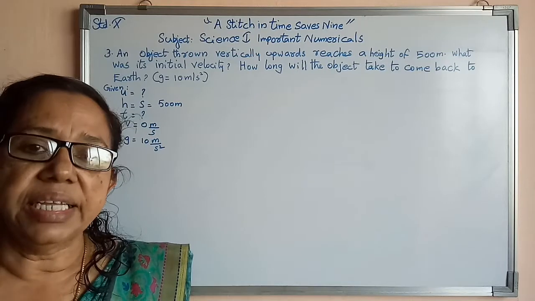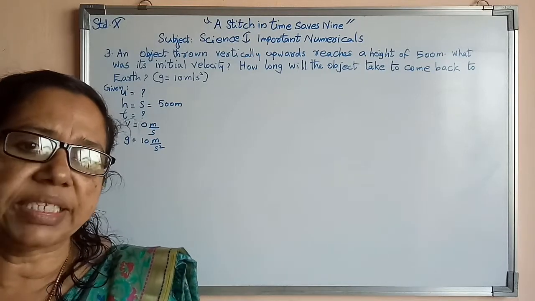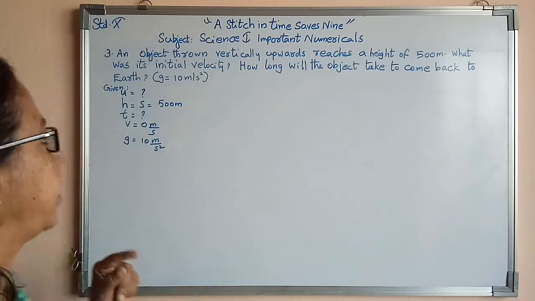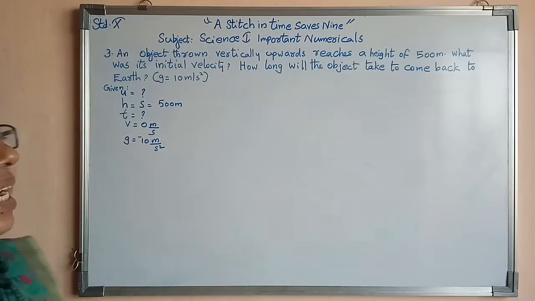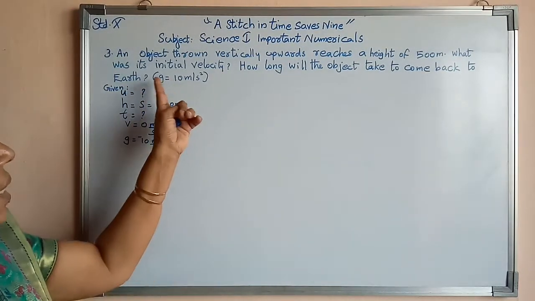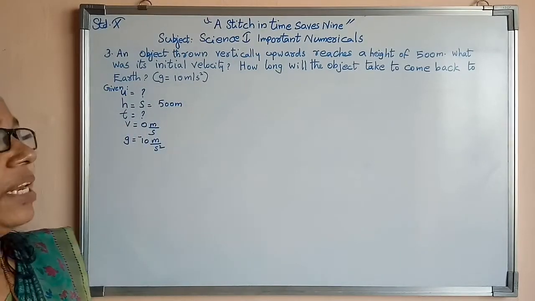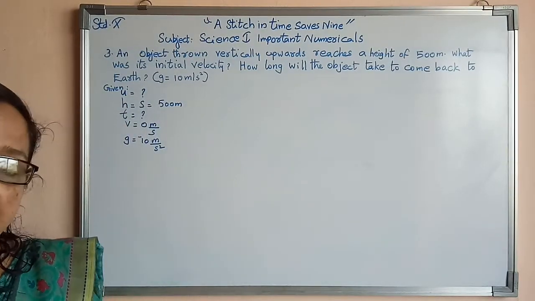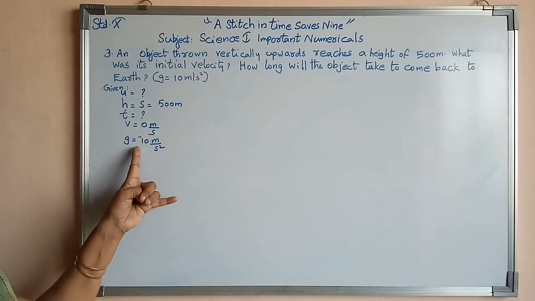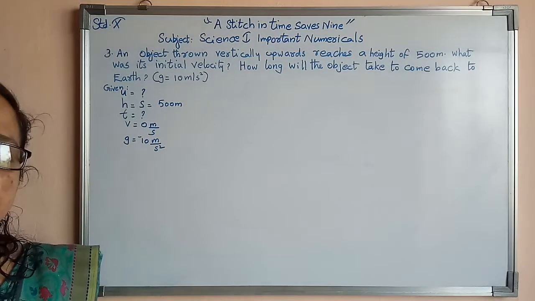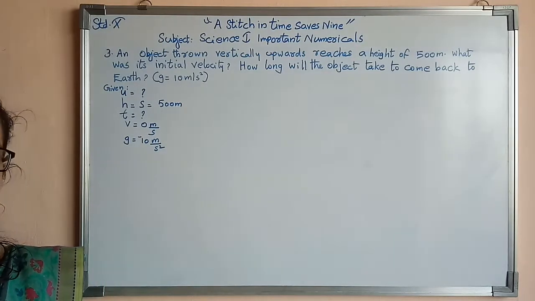Because of that, the value of g we have to mention here as minus, negative. In the question directly 10 meter per second square is given, but while solving, in this case we have to write minus 10 meter per second square.